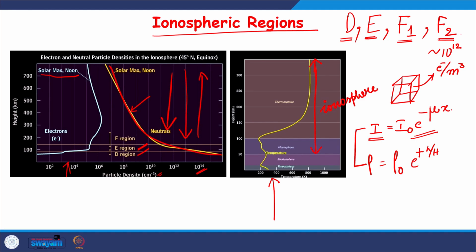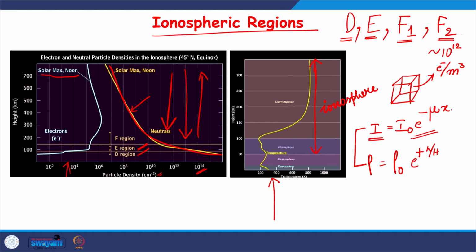You take these two equations, they're exactly opposite to each other. Traveling towards the surface, the intensity is decreasing and number density is increasing. Because of these two opposite exponential variations, you would naturally expect that there is a balance, a certain altitude where these two things will be equal to each other.